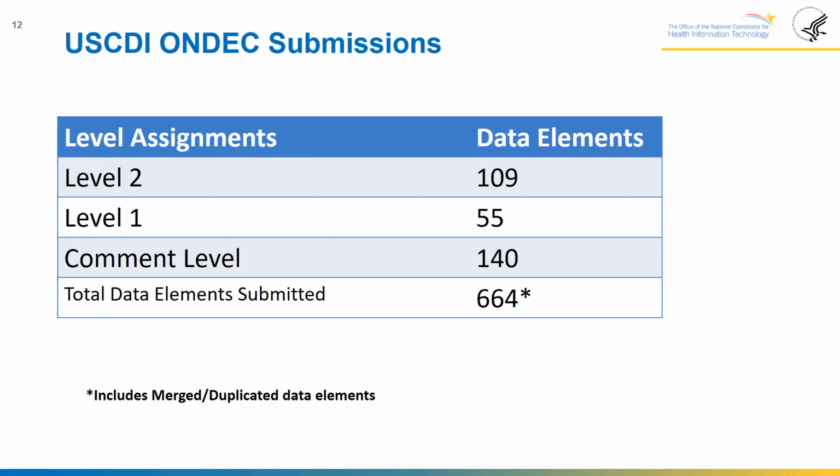ONC used those criteria that we mentioned before and determined that 109 of those data elements were mature enough to be designated as level 2. It's from the level 2 list that we selected data elements to be added to draft version 2.